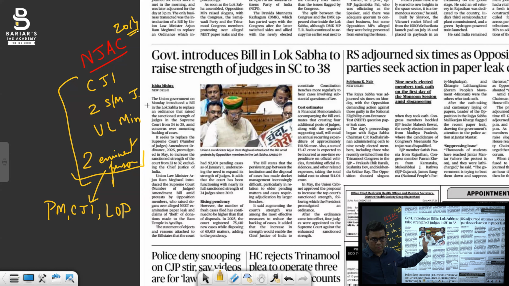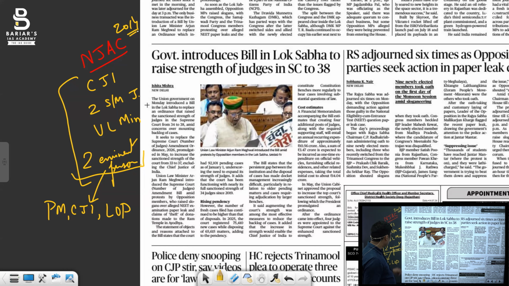And then NJAC came, which is 6 member commission, in which 1 select committee is also there. And in 2015, it was struck down by fourth judge's case. Okay, got it? This is first aspect of it.